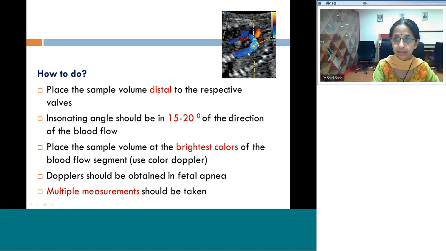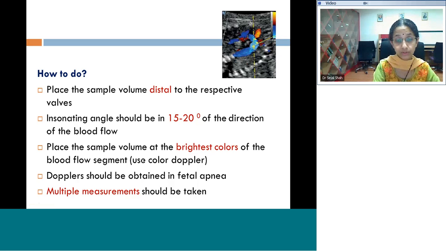So if I want to Doppler this and my cursor is going to be here, remember that this angle is the insonating angle, and it should not be more than 20 degrees to be more accurate in terms of estimating the velocity. The third is you should place the sample volume at the brightest colors of the blood flow. So always use the color Doppler before you try to pulse Doppler.